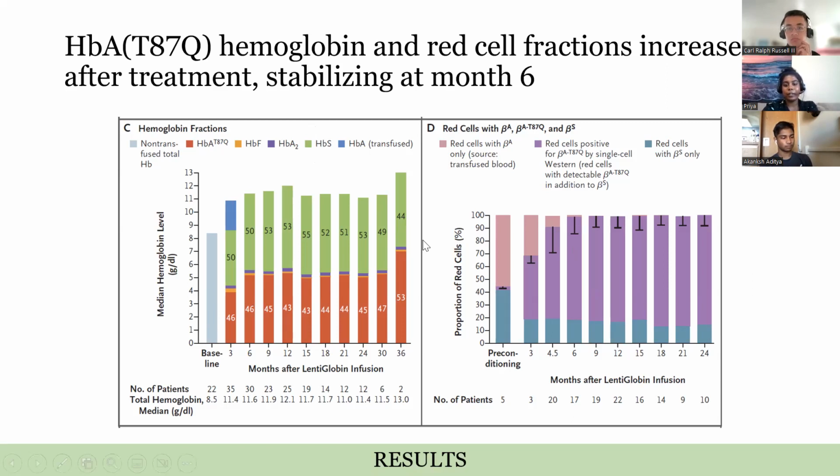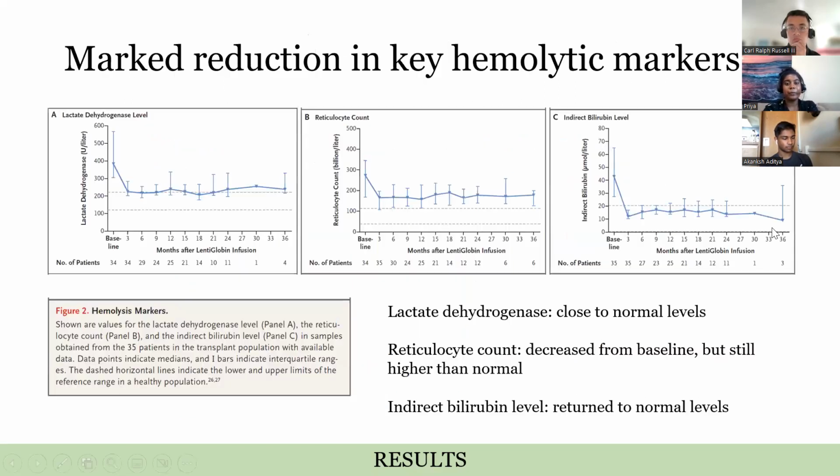But then, you can really see the phenotypic effect, right? You can see actually a large percentage of the red blood cells after around 6 months are positive for this anti-sickling globin and not the sickle globin. And we can really see the phenotypic effects here because there's reduction of the key hemolytic markers.